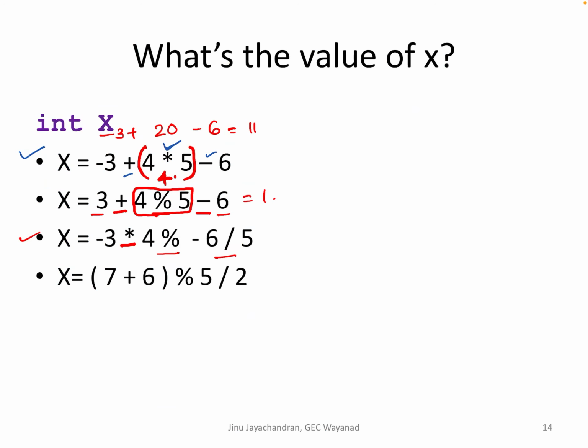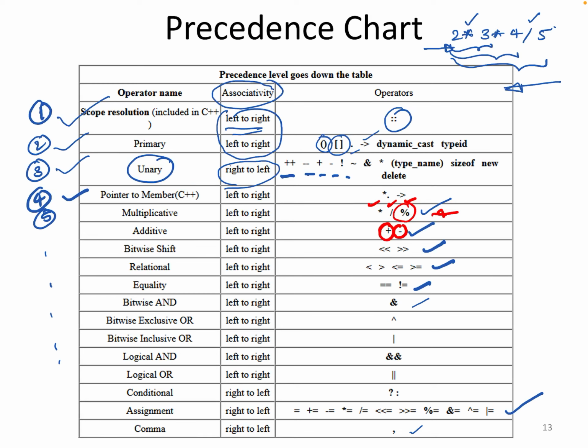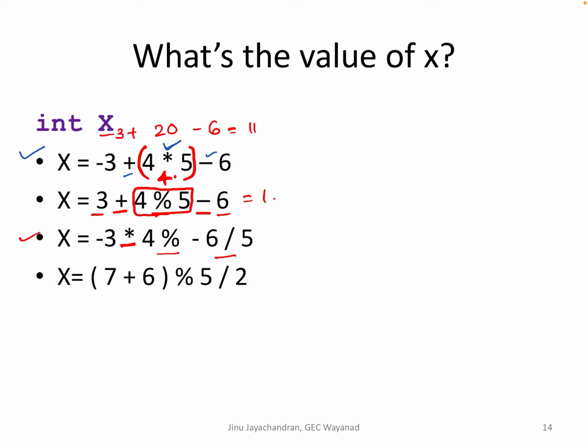So it says that if all have the same precedence, it is evaluated from left to right. So what is the leftmost thing? This. So it will evaluate minus 3 into 4. Then it will find the remainder of the result of minus 3 into 4 when it is divided by minus 6, and then it is divided by 5.